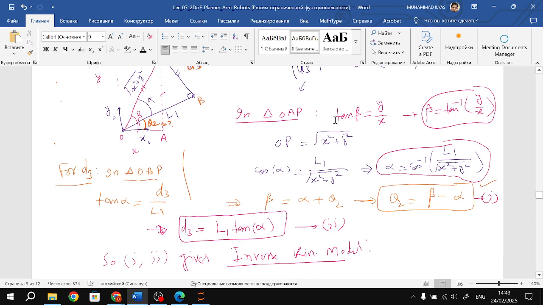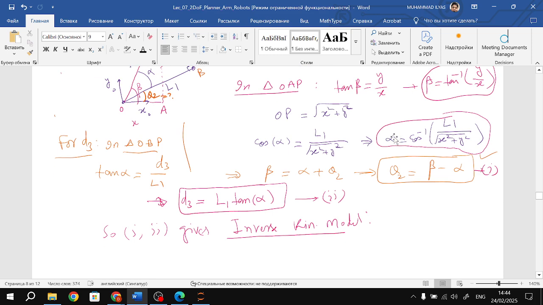Similarly, for d3, the second variable, we can calculate alpha from here, and then we can multiply this one. So that's all. Only equation number 1 and 2, along with the beta equation and the alpha equation, we can calculate these joint variables.